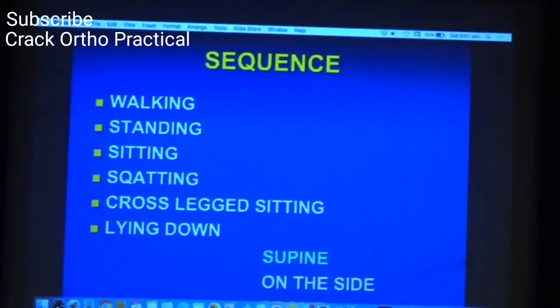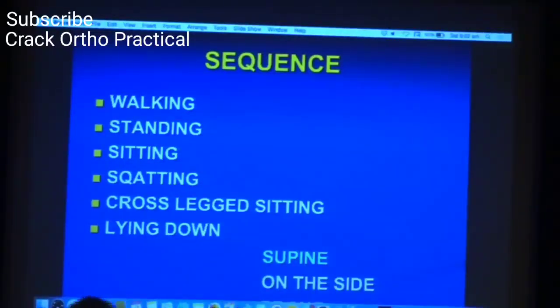Finally is lying down. If you examine your patient in this sequence, the first thing which is going to happen is there is minimal discomfort to the patient, because every time you make the patient stand or lie down, these patients usually have a painful hip pathology and they are in a lot of pain.